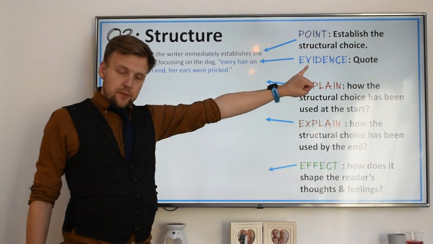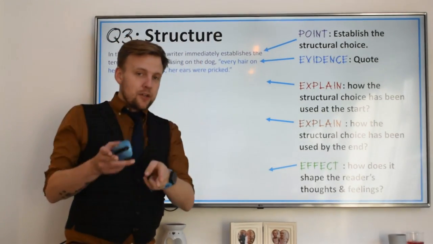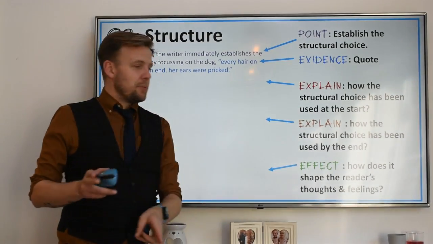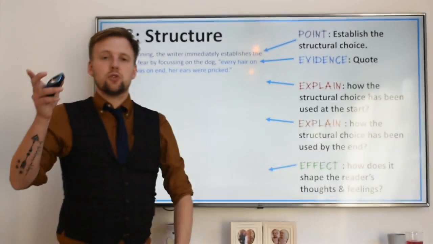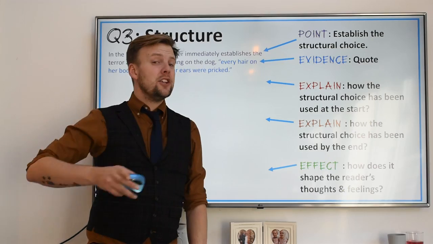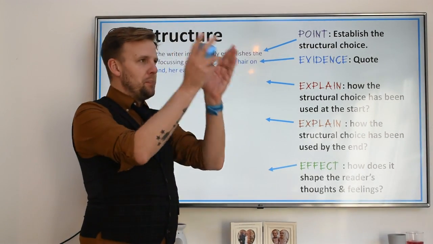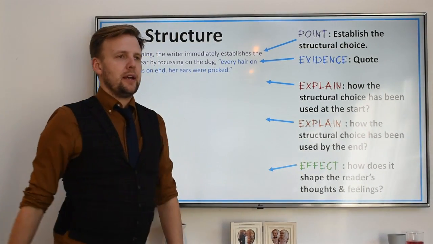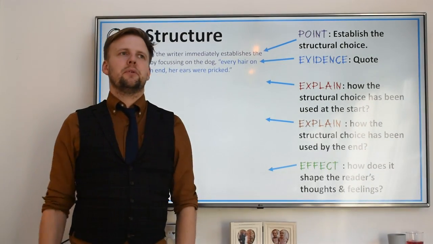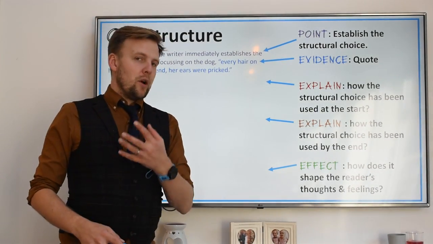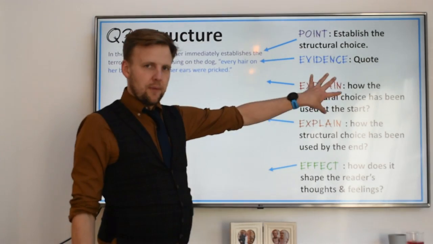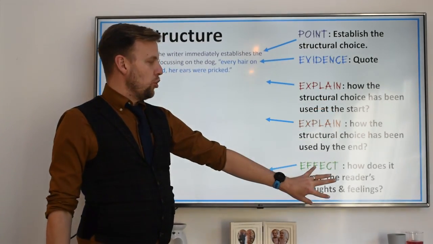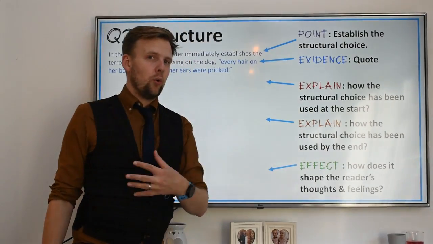I give my quote, and then I'm going to explain how it's been used at the start, and then explain how it's been used at the end. So I'm going to talk about the text as a whole each time. I'm not going to ever compartmentalise, in the beginning it does this and I feel like this, in the middle I feel like this and it does this. No, we're better than that. So we'll talk about it at the start, we'll talk about it at the end, and then we'll talk about how it makes the reader think or feel.